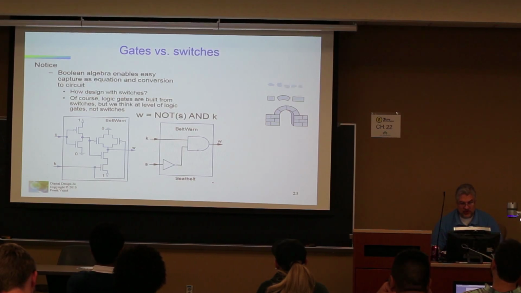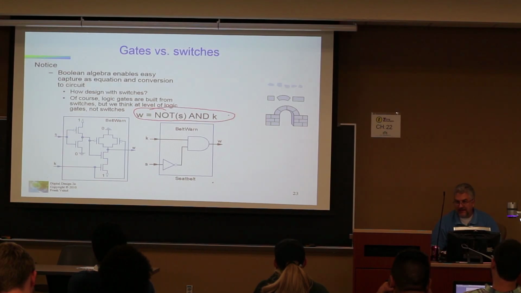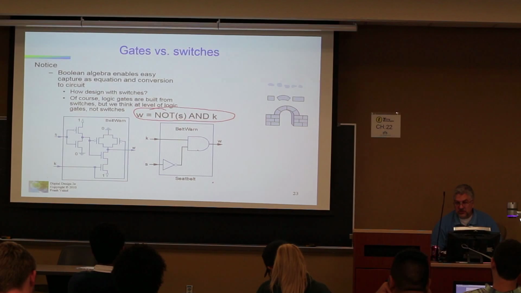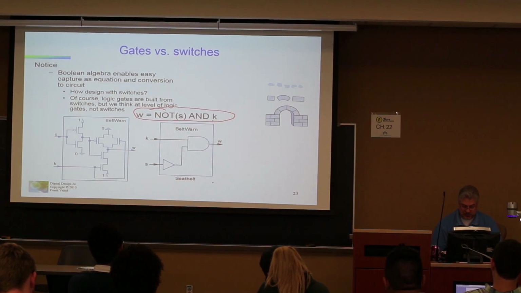Would you rather do this or this? The right one? Or would you rather do this one? Yeah. I think it's a lot easier to type those characters than to go in and actually drop and click different things and hook them up. So maybe this is going to be an easier way. This would be almost equivalent to what you would see in VHDL. And you're going to see that coming up not only in this part of the class, but also in recitation.